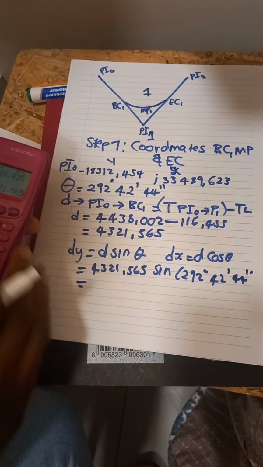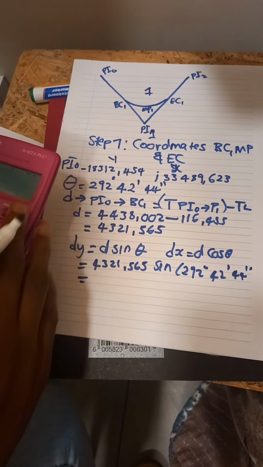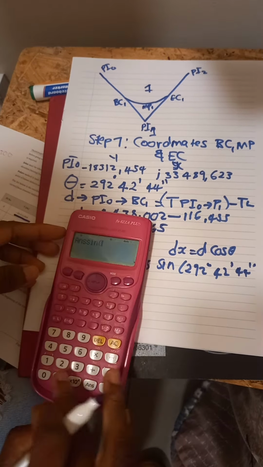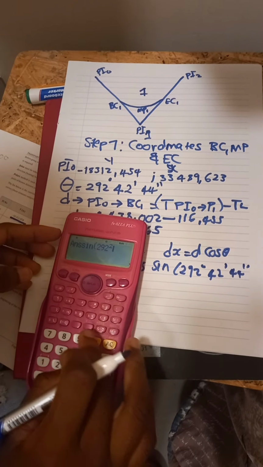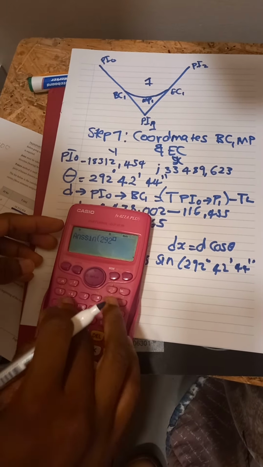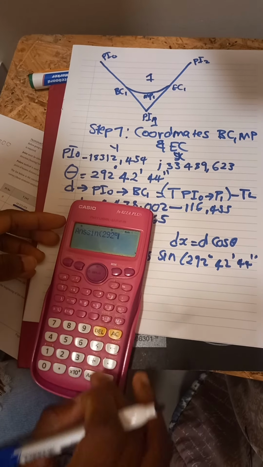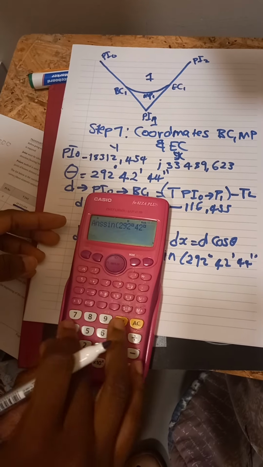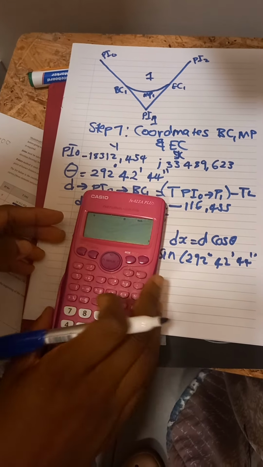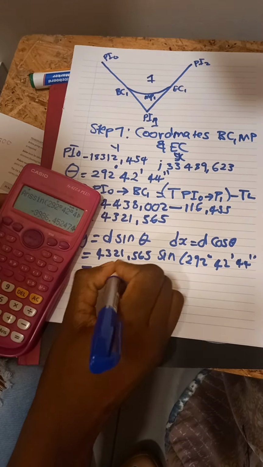And then we get our answer: our dy is given as negative 3986.452.